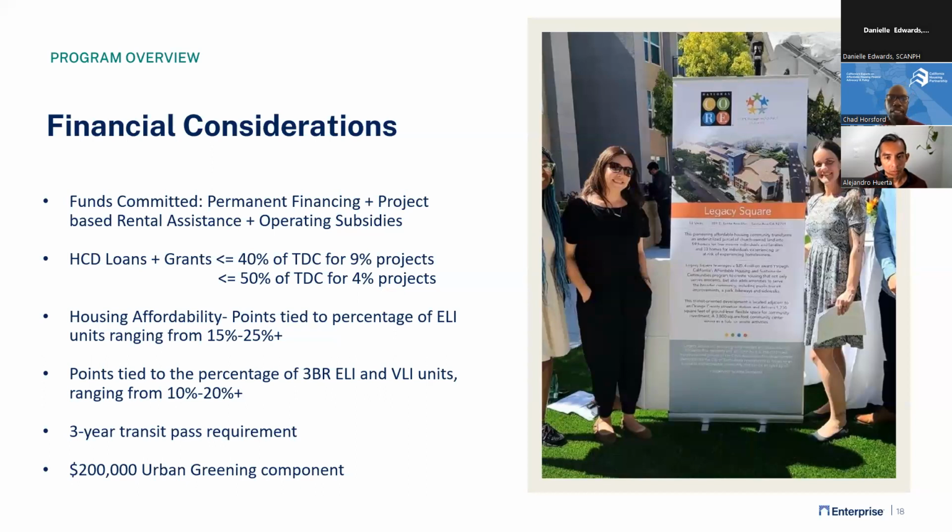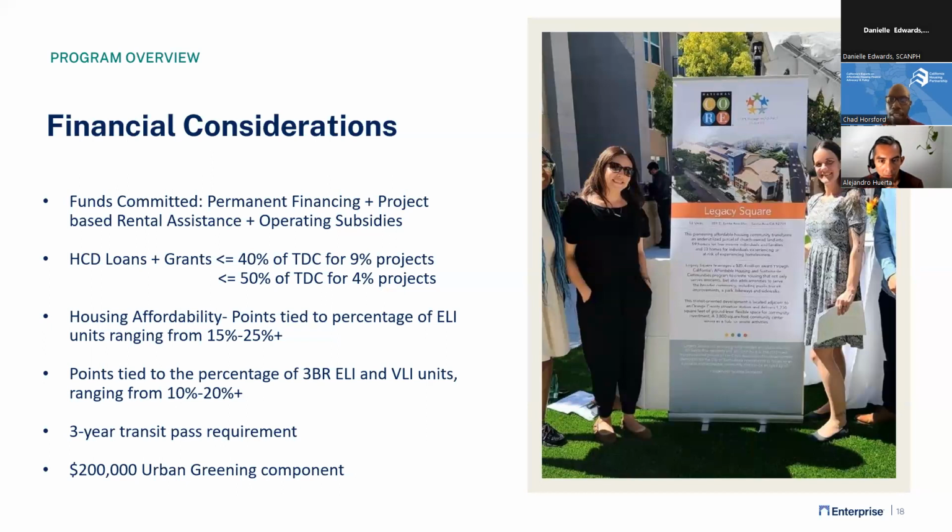AHSC has points tied to housing affordability, and those housing affordability points are broken into 2 sections. The first looks at the percentage of ELI units, and in order to garner points, you have to be somewhere between 15% up to over 25%.